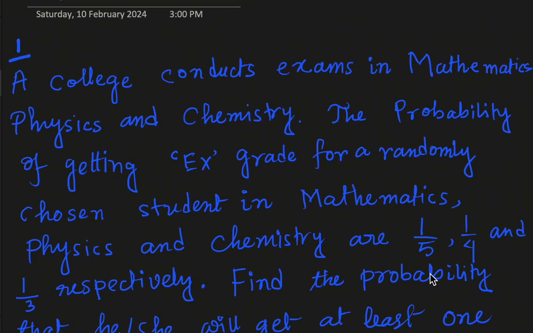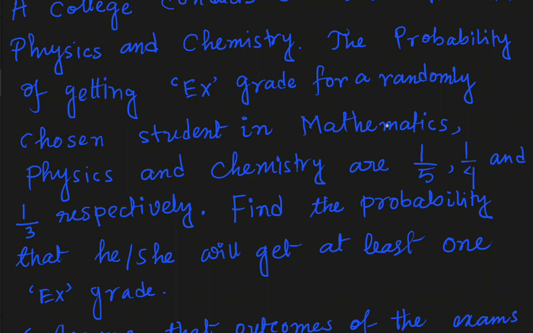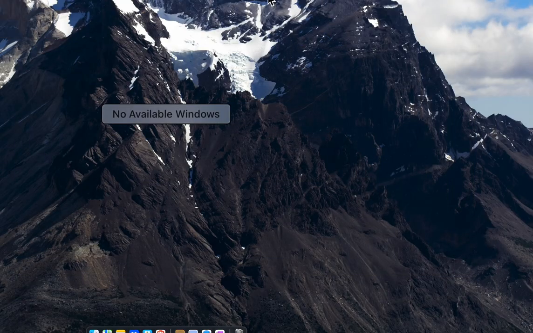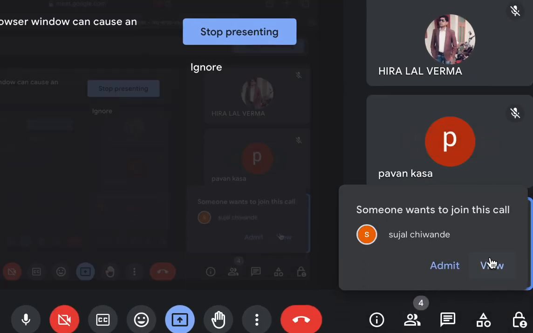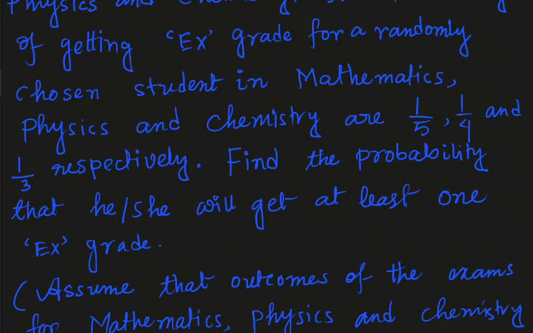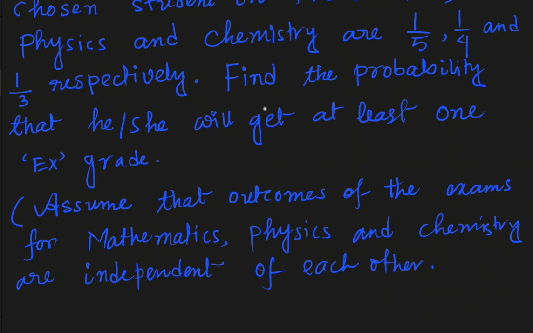So this is the problem. It is given that if I choose a student randomly, the probability of getting X grade in mathematics, physics and chemistry are respectively 1 by 5, 1 by 4, and 1 by 3.